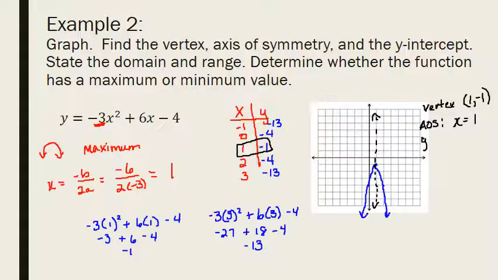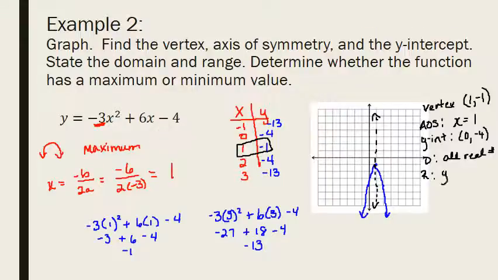The y-intercept, that is 0, and then your c value, which was negative 4. The domain here, domain's always going to be all real numbers. The range here is, notice that now instead of y is greater than or equal to, all of the values are lower than negative 1.